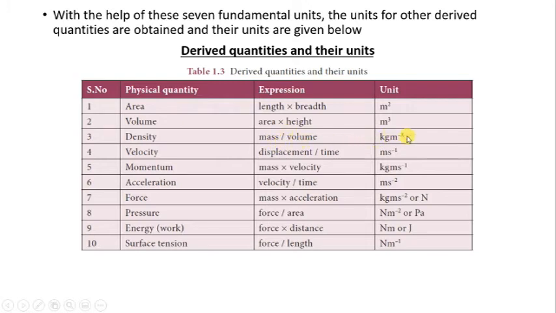This division is expressed in terms of minus here. So whenever you read this expression, you have to read it as kilogram per meter cube. Per means divided. Next, velocity, displacement by time, meters per second.